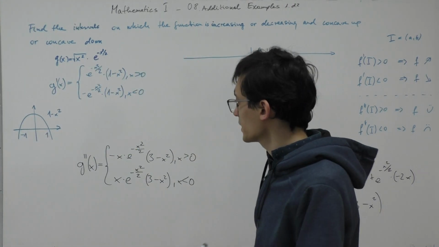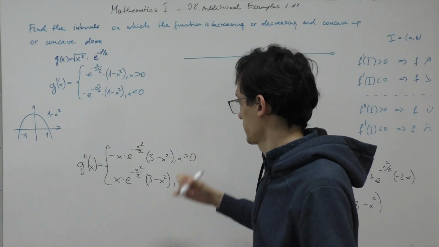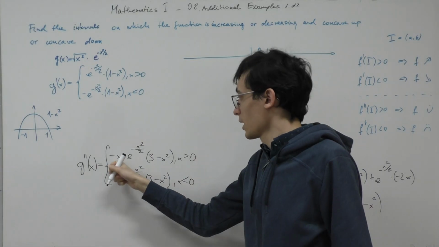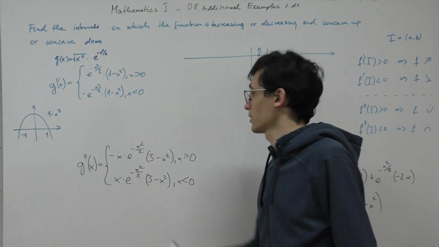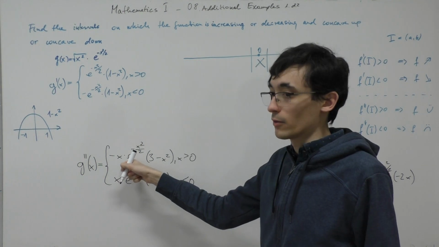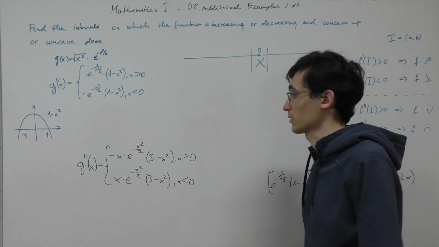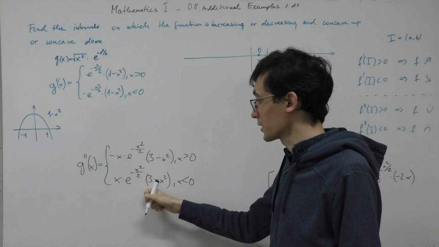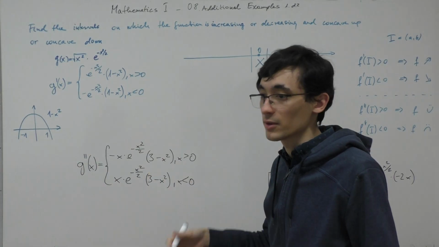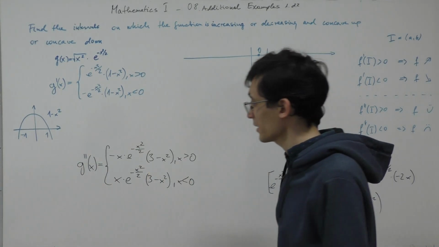Now we can see where the critical points are. X, of course, is not 0. E to the negative x squared over 2 is always positive, so it is not 0. So the zeros can only come from this part, which is the same in both cases.